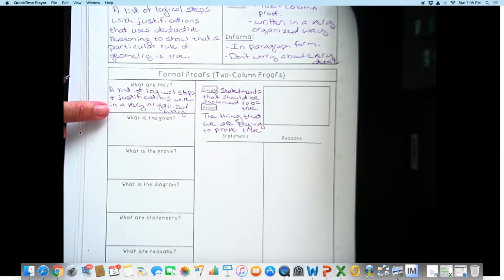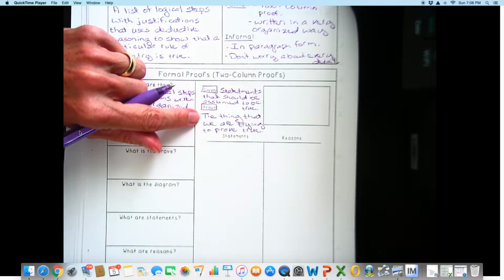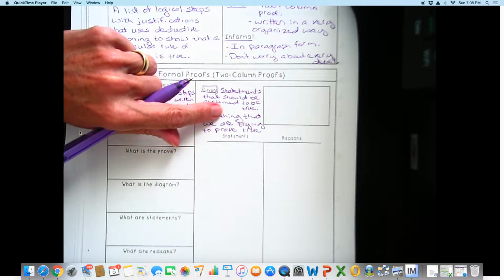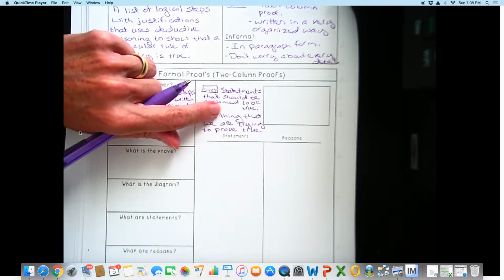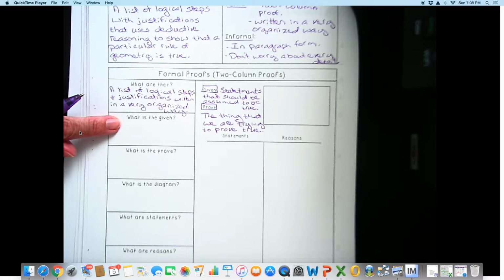All right, so think about an equation. You start out with an equation, that's what they give you, and you're trying to prove or justify what the answer to the equation is, or the variable. Okay, so what is the given? It's statements that should be assumed to be true.